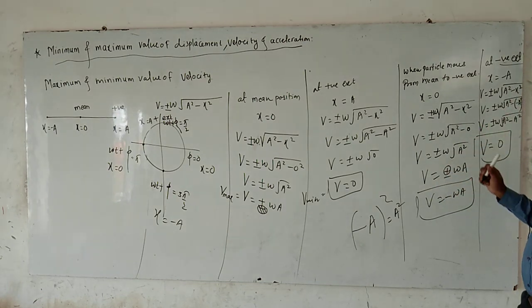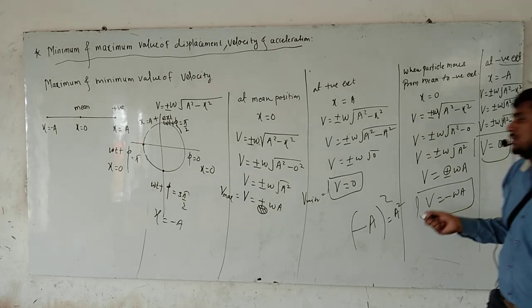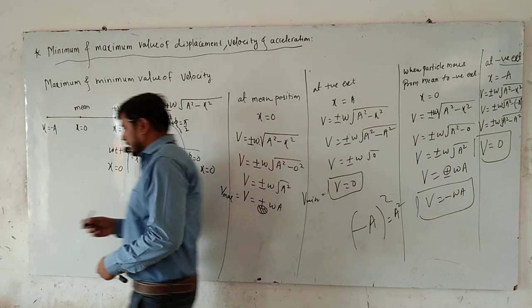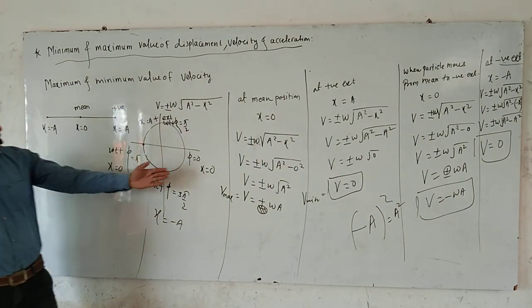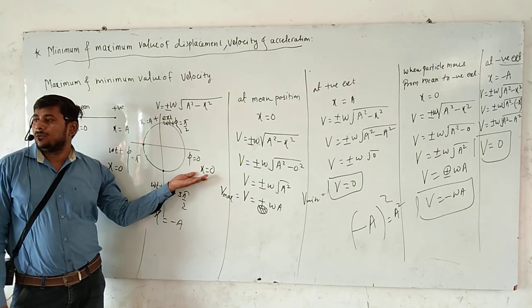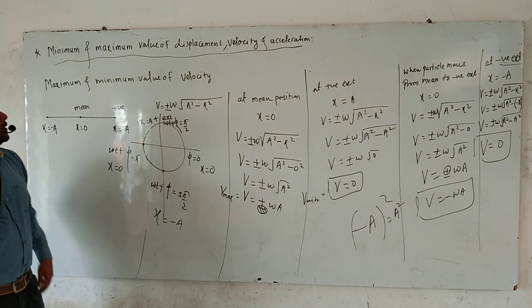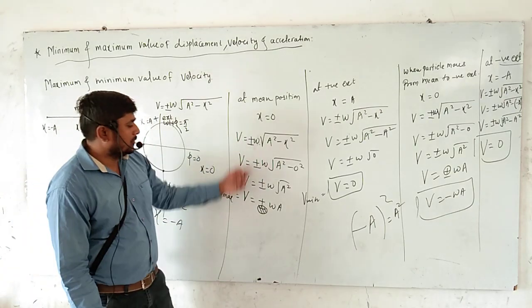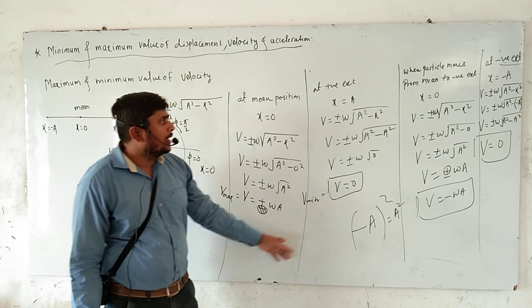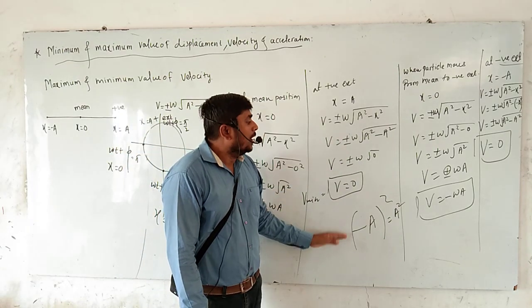So this is all about the minimum and maximum values of velocity. So what is the situation? Let's overview it. Velocity at positive extremity will be 0. At the mean position, velocity will be equal to plus omega a. At the negative extremity, velocity will be equal to 0.